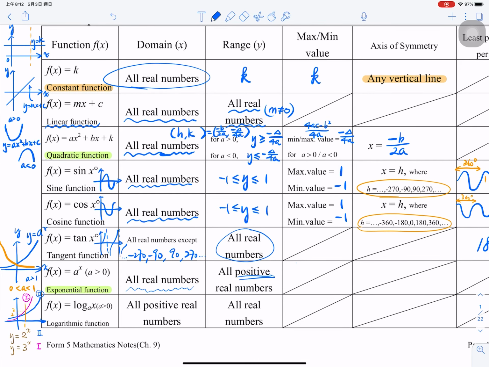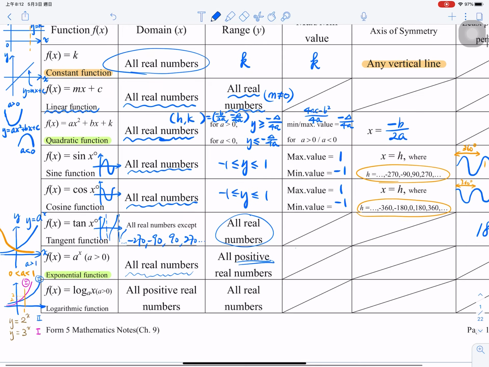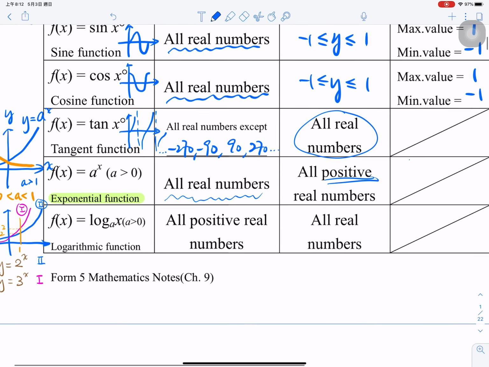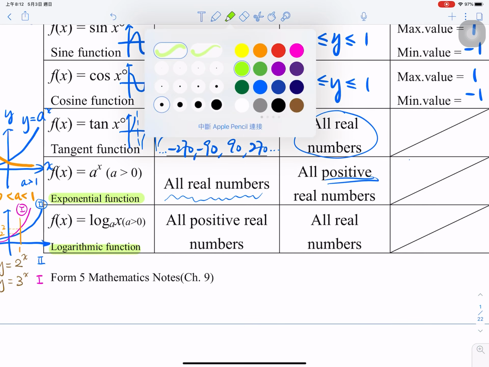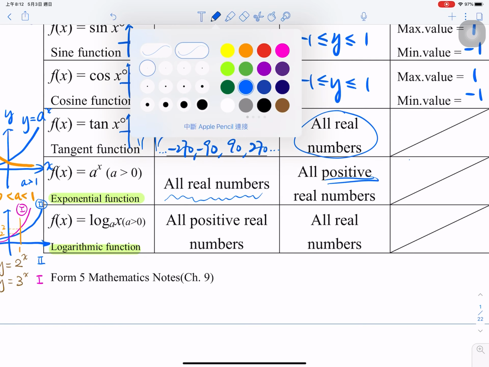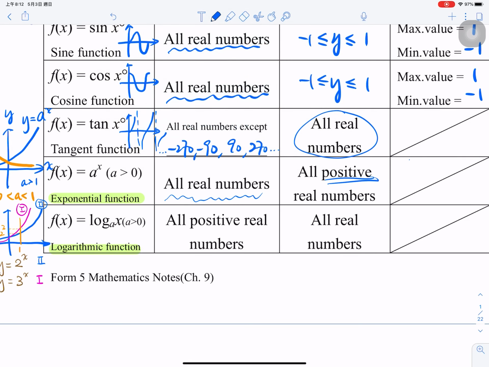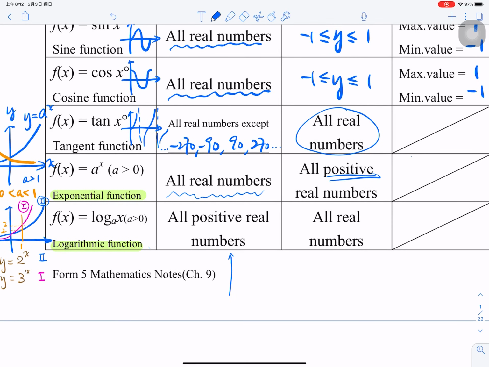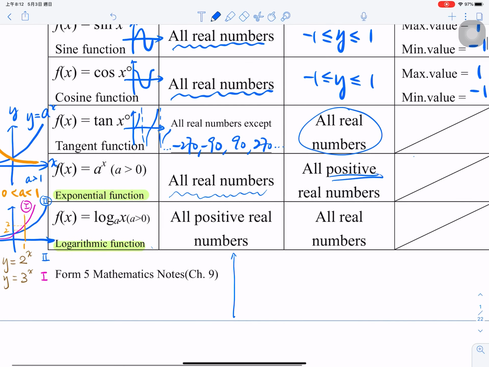How about the log function? The last one, the log function. Let's see. Here, the log function, same as the exponential function, will have two different situations. Have a look. x, y.